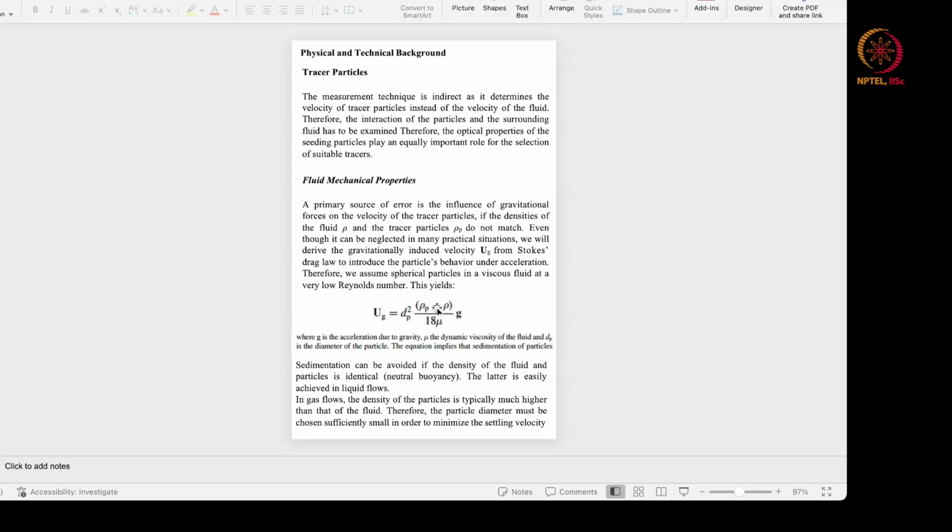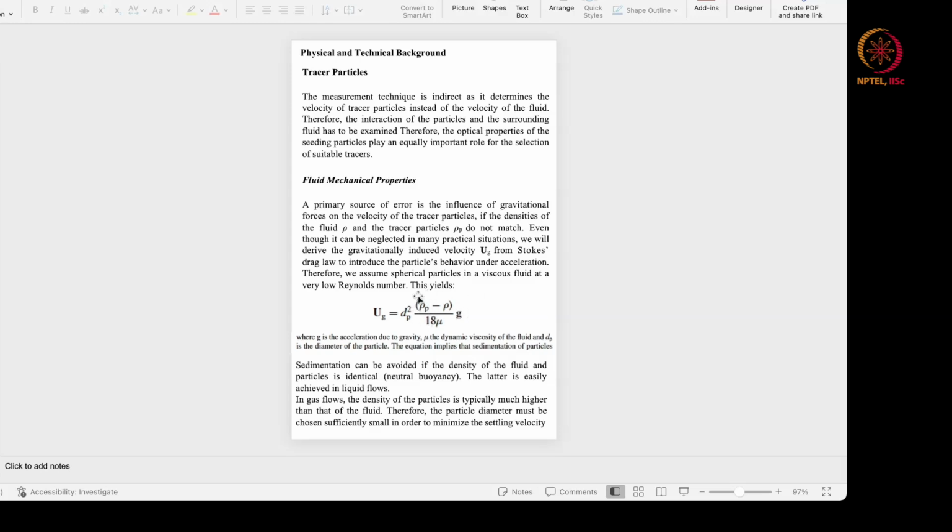You can have particles which have the same density as the fluid medium. In gas flows, however, this density difference is typically much higher, because it is air and the particle is some kind of liquid or another solid. Air is 1, the other particle may have a density closer to 1000.